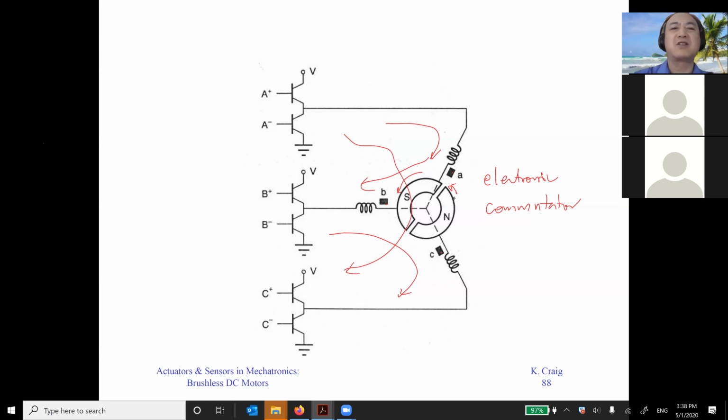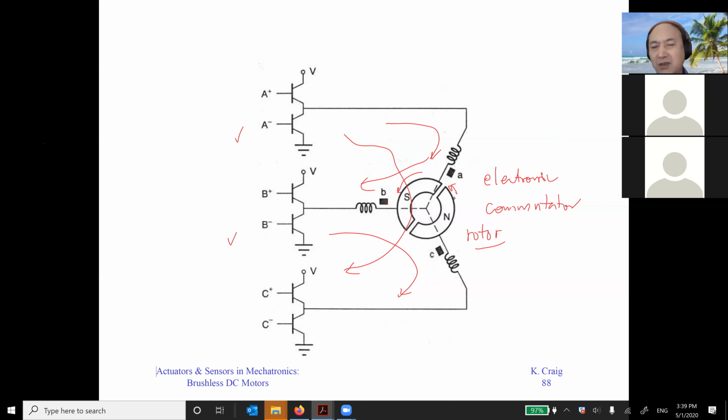Basically, you have a switching logic to sequentially move while you detect the position of the rotor. You can see that detecting that is not trivial, so electronics-wise it's pretty complicated.